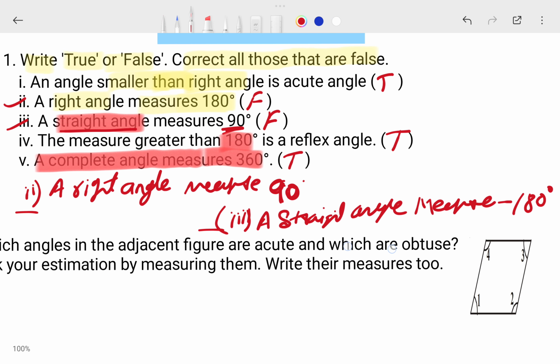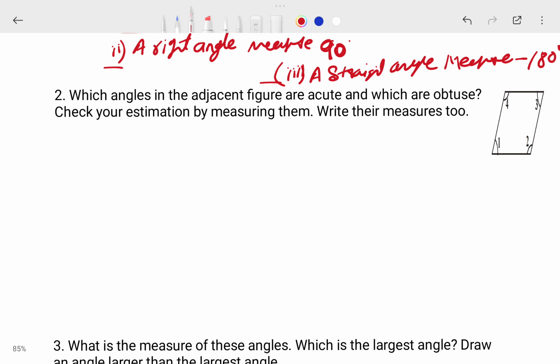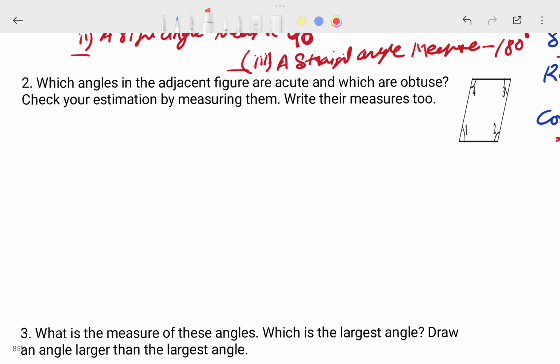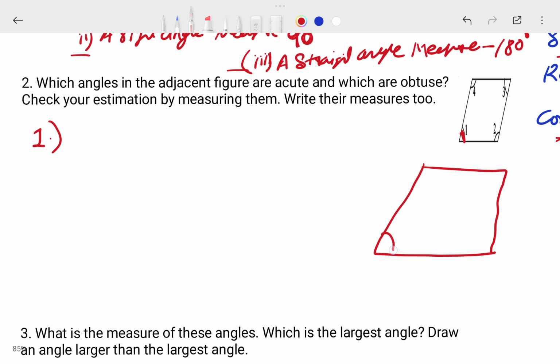So let's talk about the second question. Our second question is which angle in the adjacent figure is acute and which is obtuse, and check the statement by measuring them and write their measure too. Actually this question is very interesting. This question is telling that just look at this point, point 1.